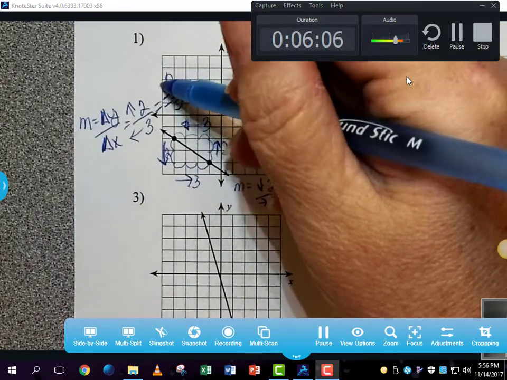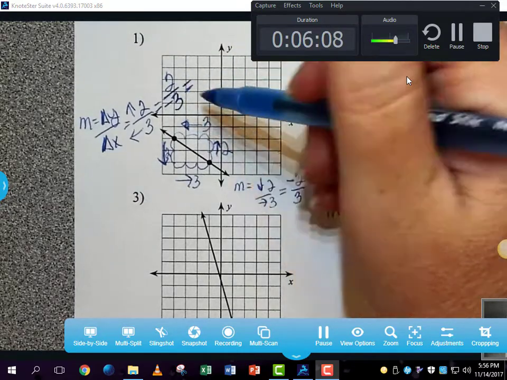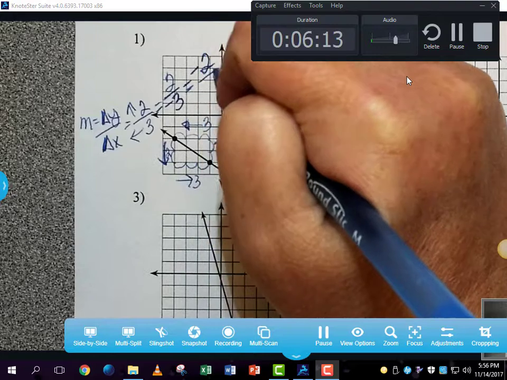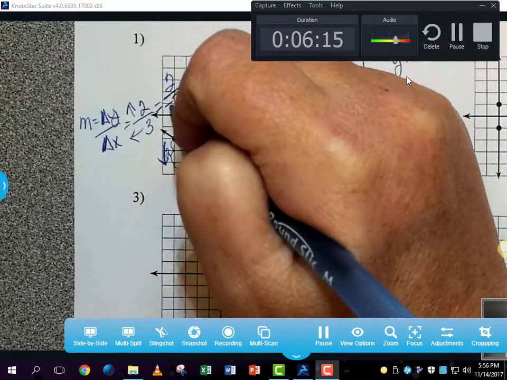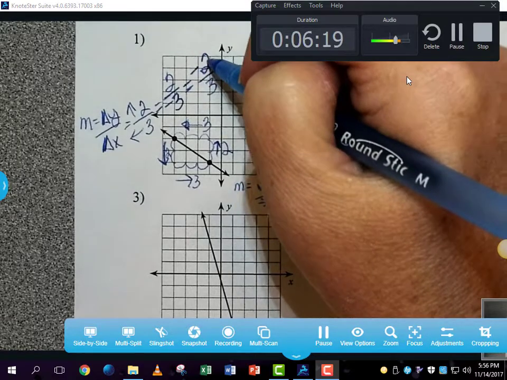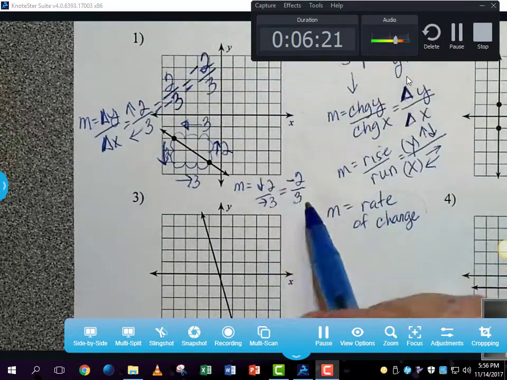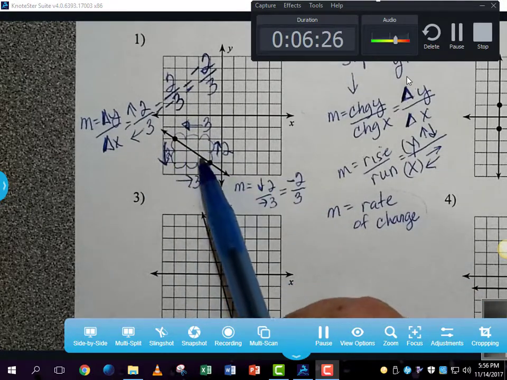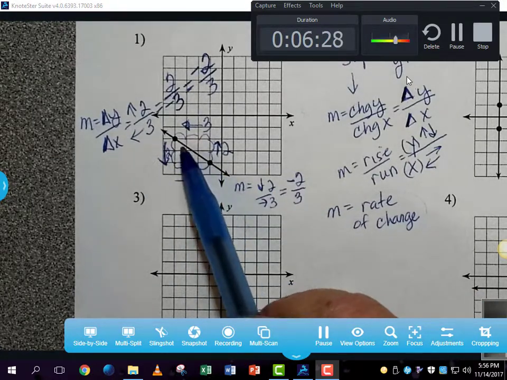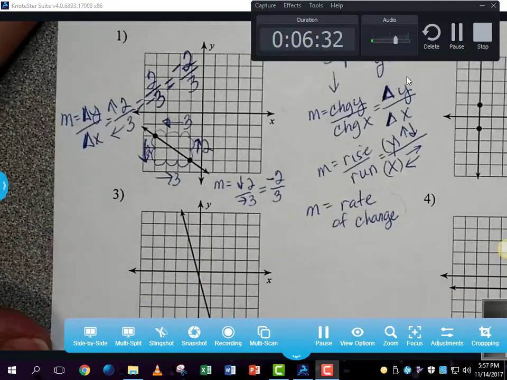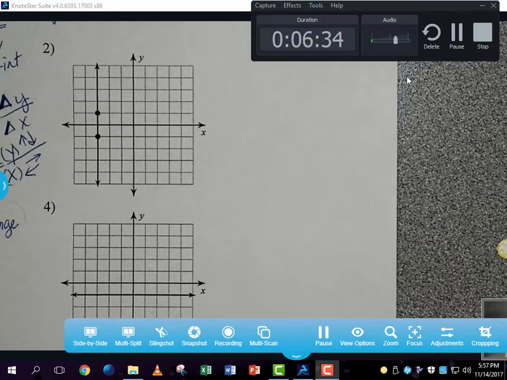This is a negative number. Technically this would be fine, but I like to have my negatives in the numerator. So I would simply rewrite that and get the slope is negative 2/3. Before I got the slope was negative 2/3. So it does not matter which point you decide is your first point and which one you decide is your second point.